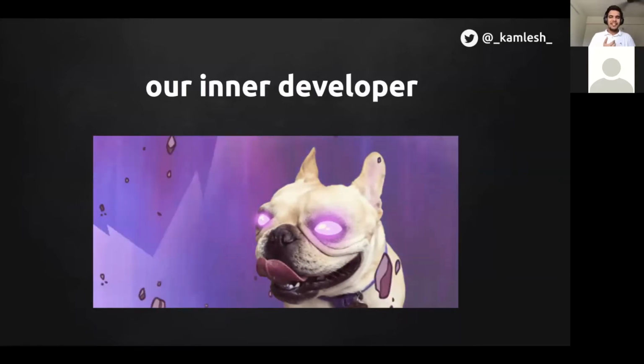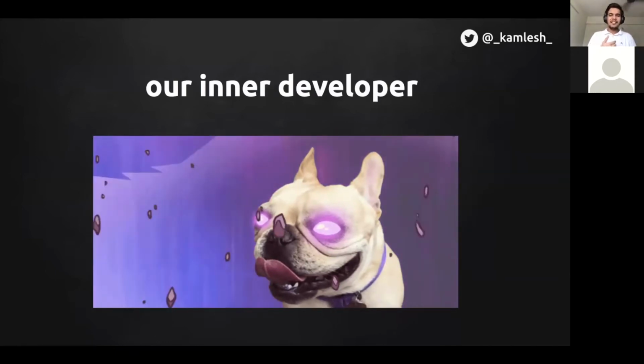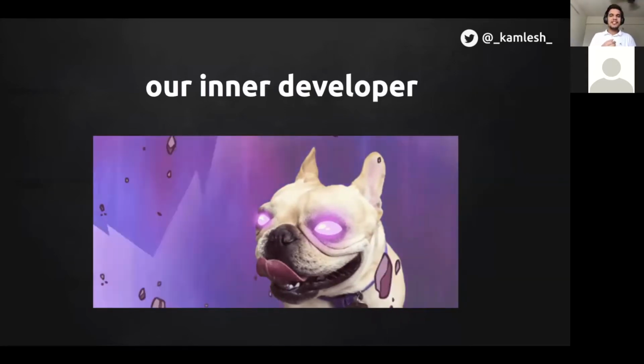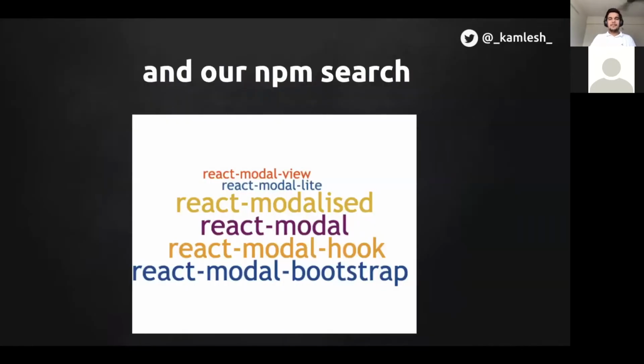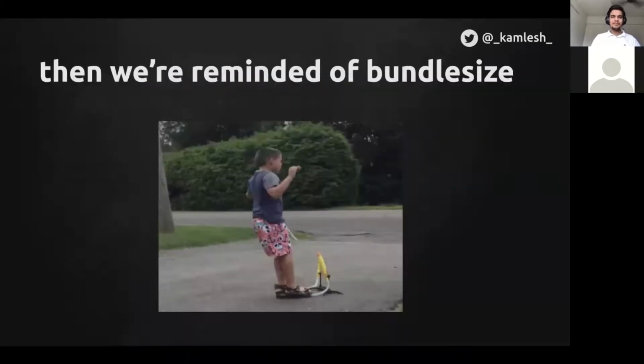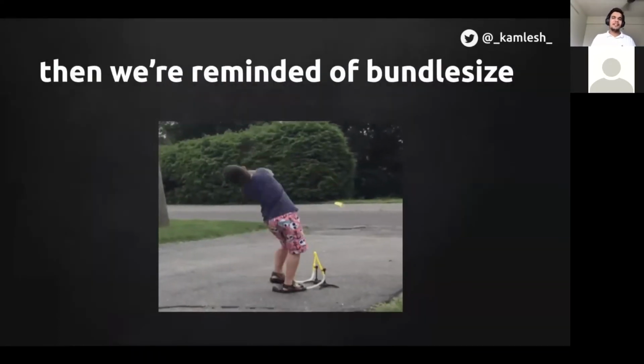It's like a developer who just wakes up and we're like, okay, fine, let's get it done. And then our npm search, obviously. Before we build something, we just head over to npm and do random searches: okay, what do we choose from all these things, or is there anything already available, so we don't reinvent the wheel. Which is a fair choice. But then we are reminded of bundle size.